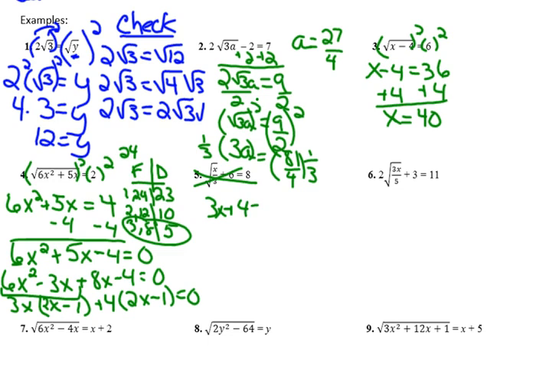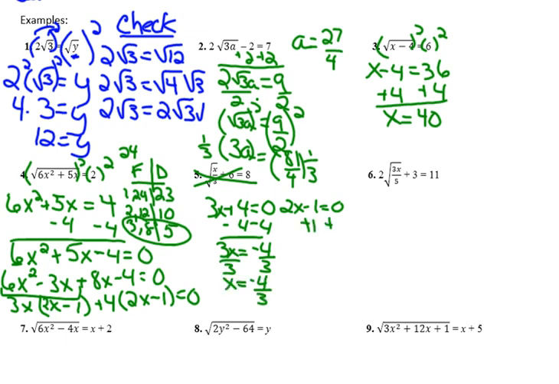3x plus 4 equals 0, and 2x minus 1 equals 0. So finish solving these. So x is negative 4/3, and x is 1/2.